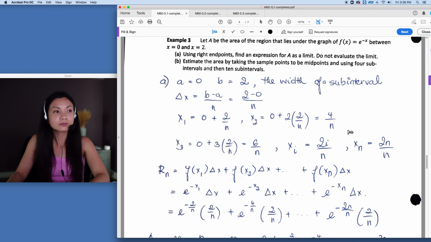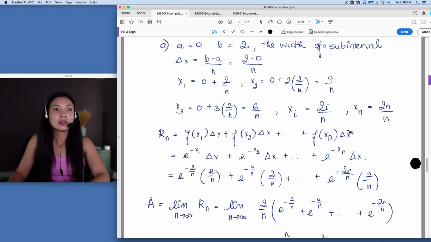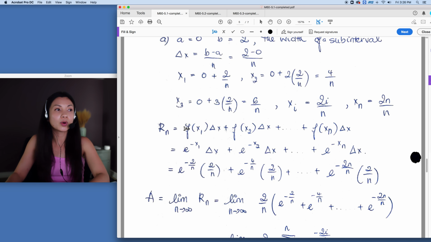Right? And then using the right endpoint, this is what we're going to get. I plug it in: for x1, which is 2 over n, with delta x being 2 over n, and then I plug in for x2, and for xn, and so on.